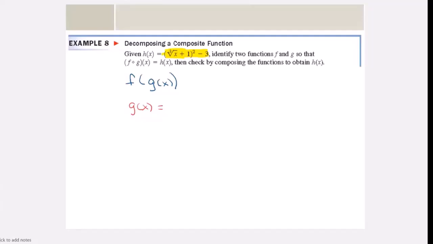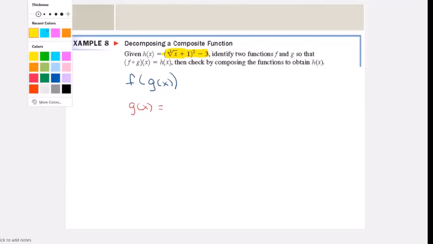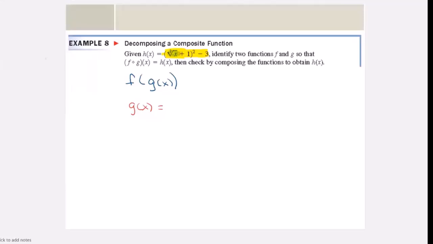So if I look at this, I can kind of see this inside function. I'm hoping you can see it too. If you can't, let me show it. This is like an inside function. And then there's an outer function there that's squaring that, isn't there?